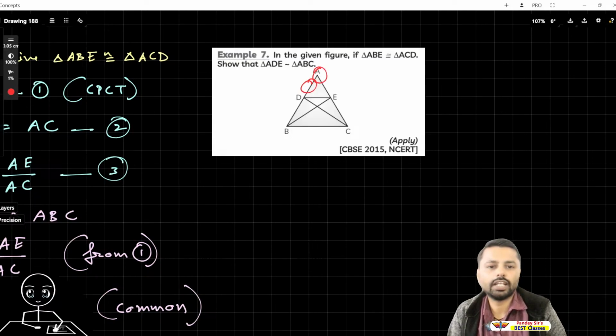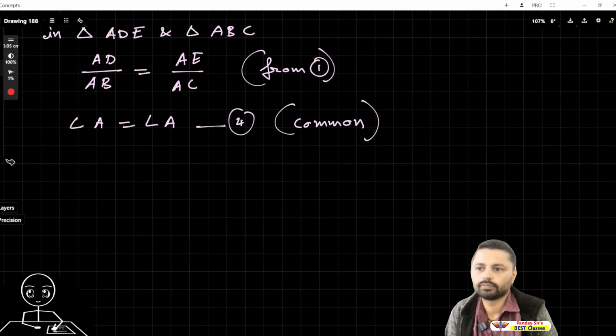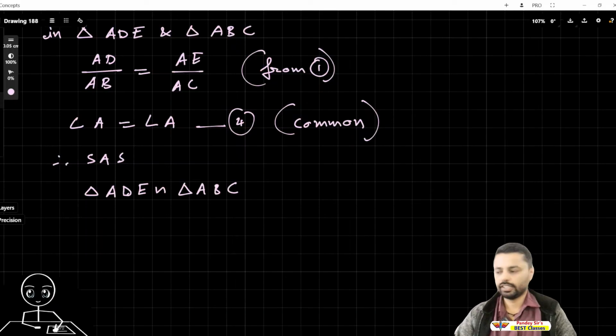Therefore by SAS, side angle side, triangle ADE is similar to triangle ABC, and done.